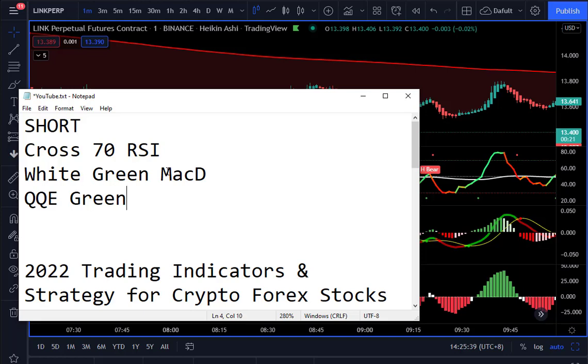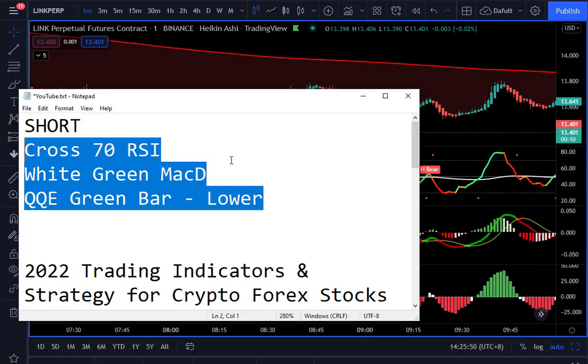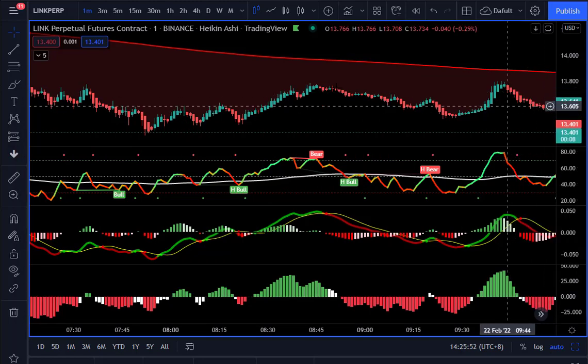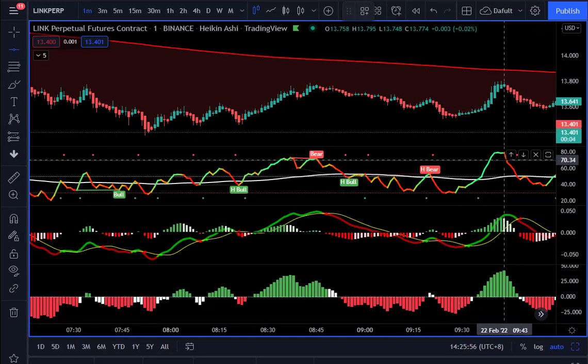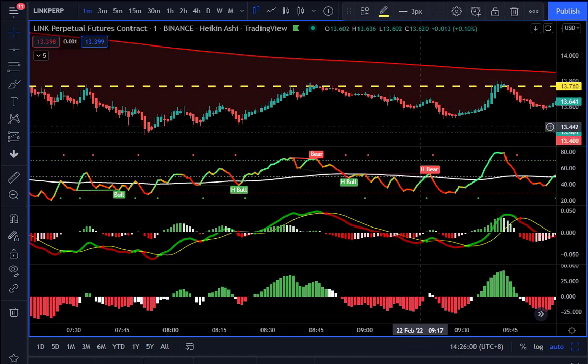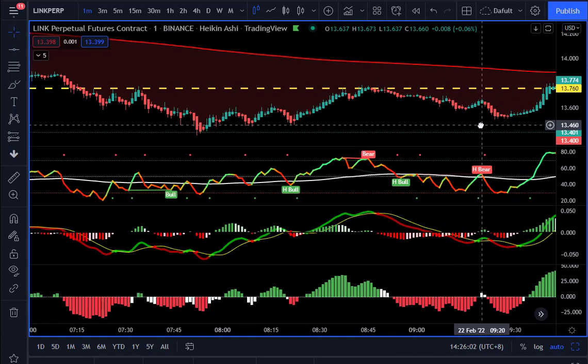Make sure it's a green bar, and make sure it's lower. You can see it's a bit lower. These are the three confirmations for your entry. The moment you see this, you want to put a short position over here. Let's say it started here, so I'll put it roughly around here, because when we trade, we see it this way.